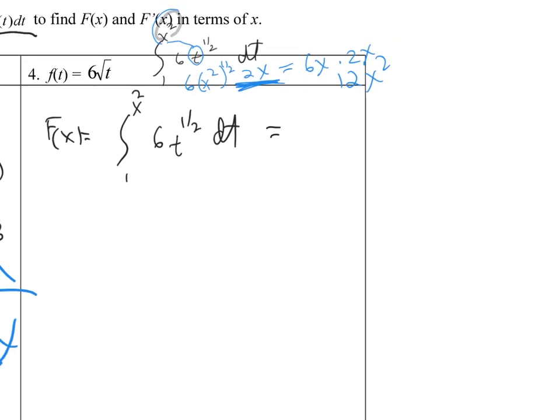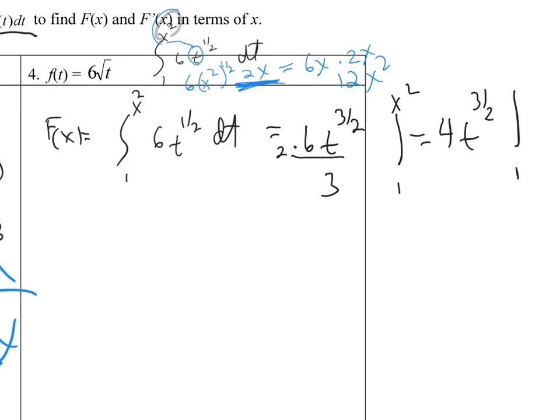That is 6t to the 3/2, adding 1 to a half, divided by 3/2, from 1 to x squared. Which, 2 times 6 is 12, and 12 over 3 is 4. So it's 4t to the 3/2 from 1 to x squared.